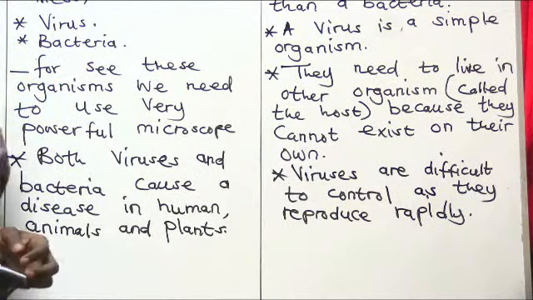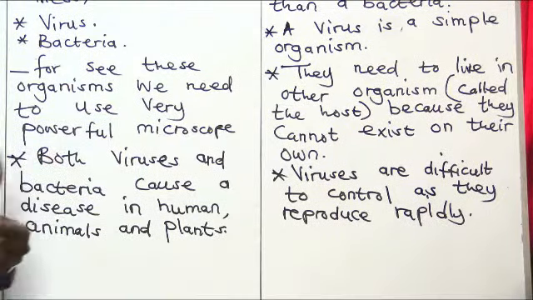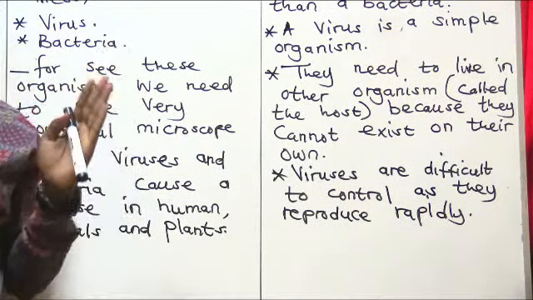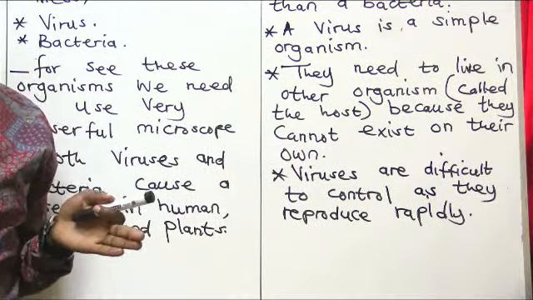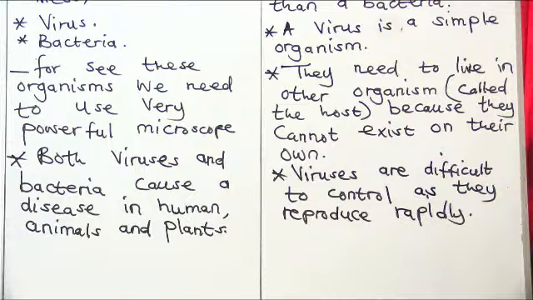Remember, microscopes magnify; they increase the size of an object. So when you put a virus under a microscope, you'll be able to see how a virus looks like. We also said they need to live in other organisms called the host.